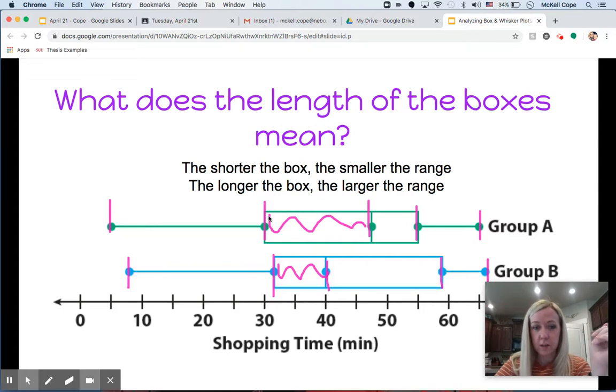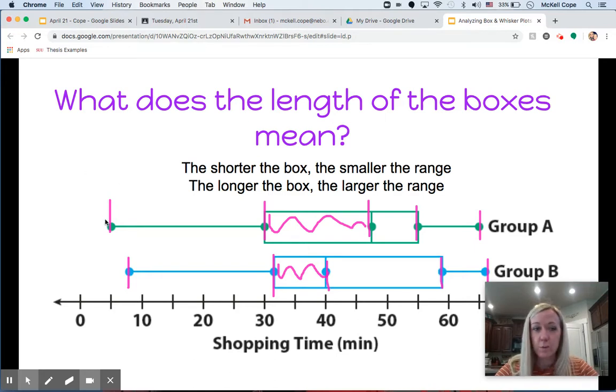This one starts at 30 and ends at about, what do we estimate? 48. So we've got about an 18 number range. So in this second quarter of data in this green box, you just have a larger range of data. The shorter the box, the smaller the range. The longer the box, the larger the range of data. So that's what the box length represents.